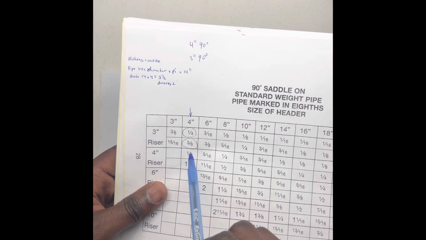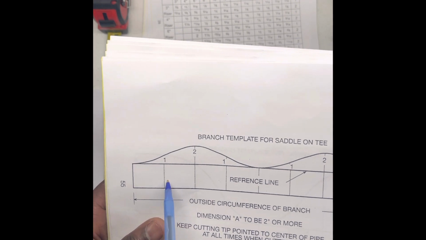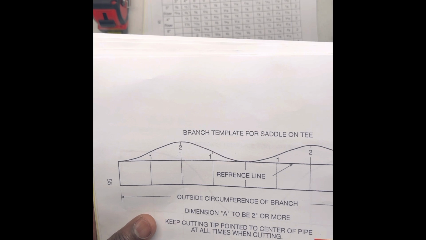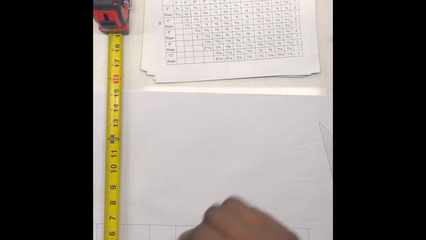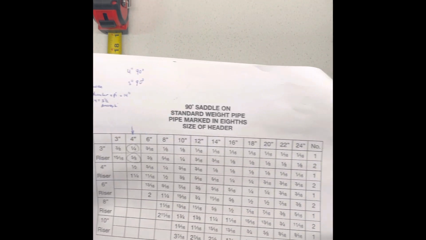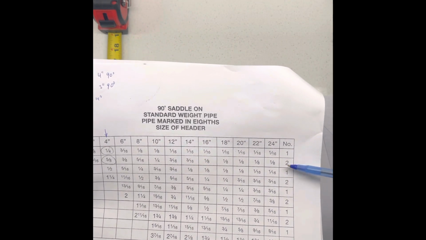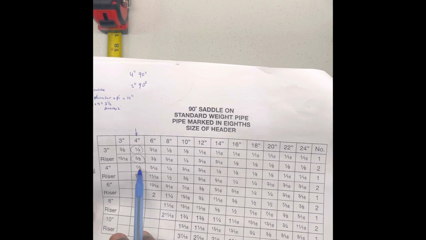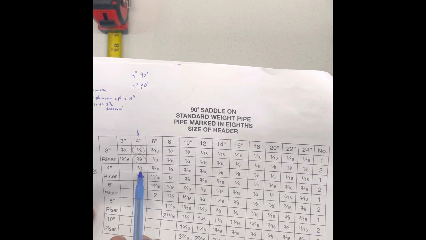So we're going 4-inch, 4-inch. And remember, we're going to use this pattern: 1, 2, 1. You're going to the center. 1, 2, 1. And you can see the 1, 2, 1 thing right here. So this would be 1, 2, 1, 1, 2, 1.